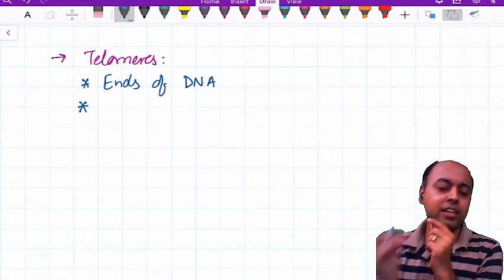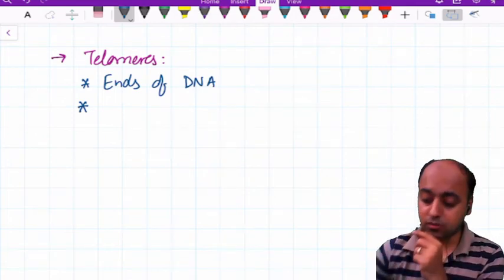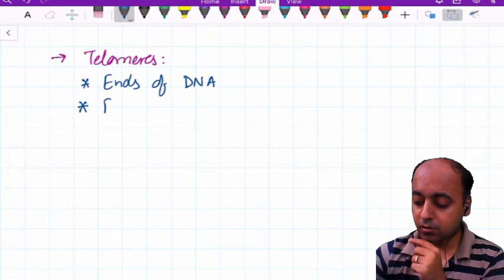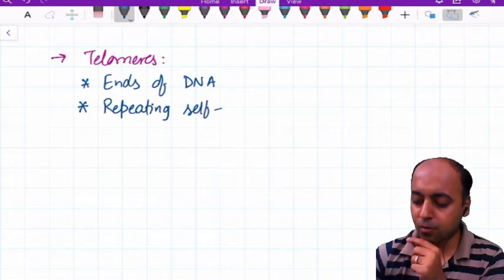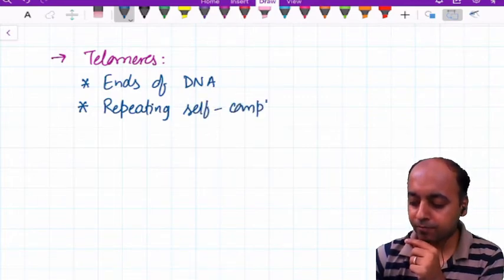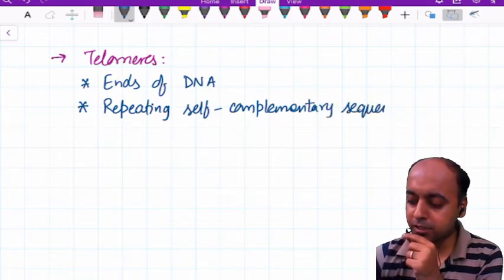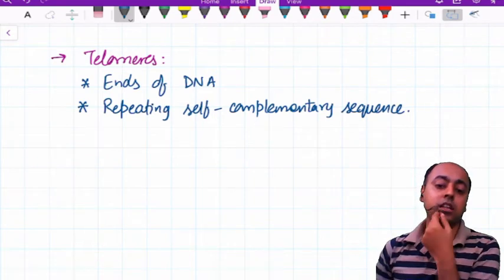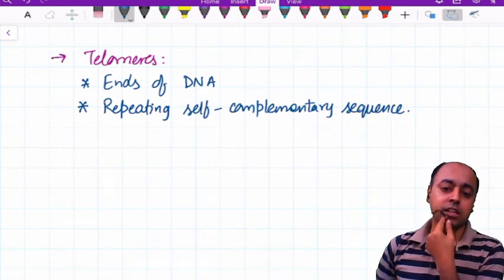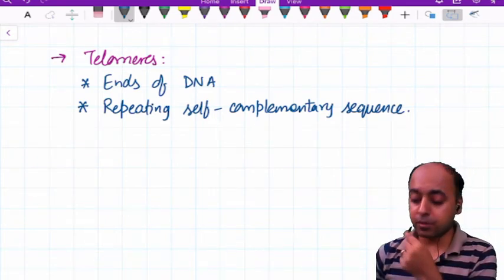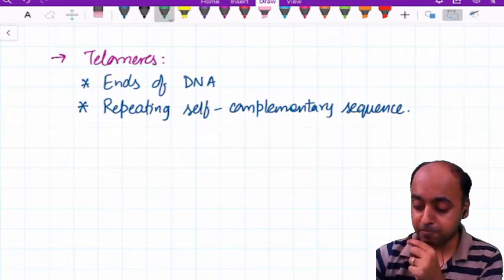They have a very specific sequence, a repeating sequence which is self-complementary. They are ends of DNA with a repeating self-complementary sequence.